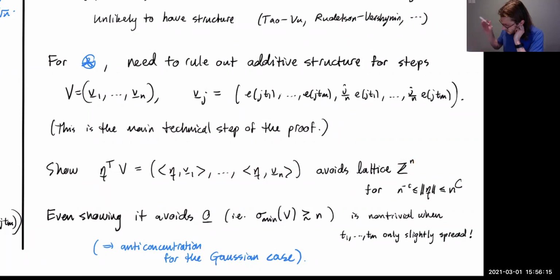You can't find a vector in frequency space of some polynomial size so that when you project the steps in that direction, all of them are roughly on the lattice.